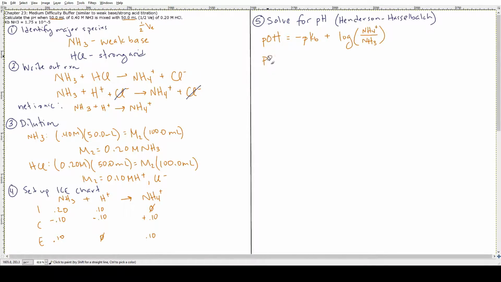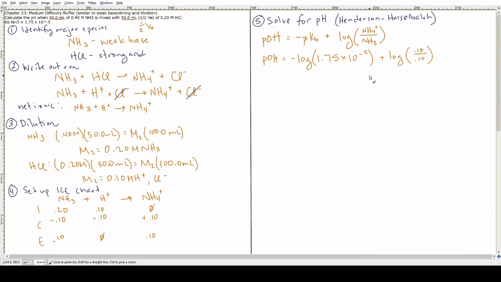Okay, so the pOH, what does the p stand for here? It stands for negative log. Our Kb was given to us, or it would be given to us, as 1.75 times 10 to the negative 5, plus the log of these concentrations at equilibrium, which we have, and oh, they are exactly the same.